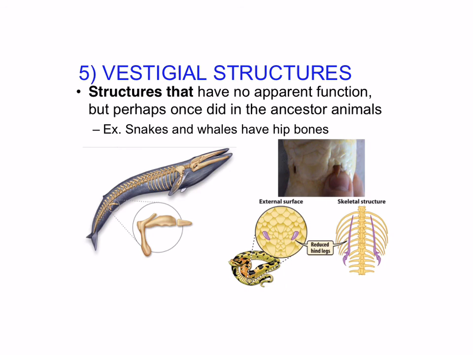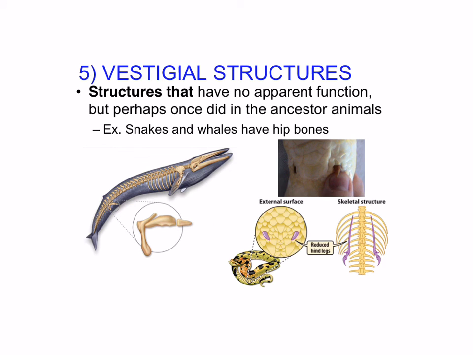Another piece of evidence, the fifth form, is vestigial structures. Vestigial structures are structures in an organism that seem to have no function, but perhaps they once did in the animals that were the ancestors of these. For instance, whales have hip bones, and some of them have this little bone here, which is actually a femur bone, the upper leg bone.